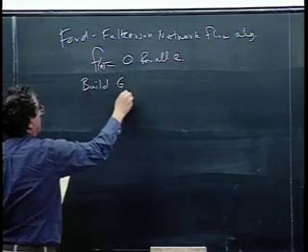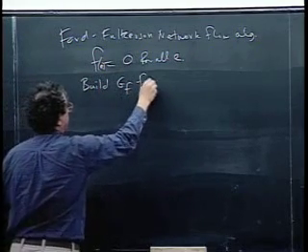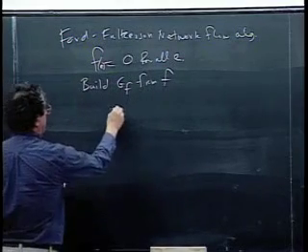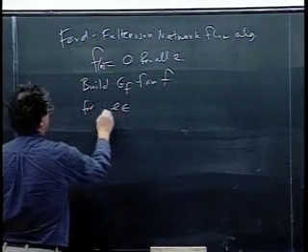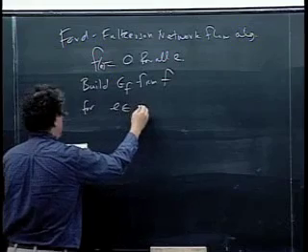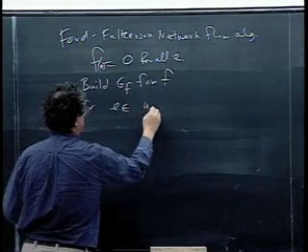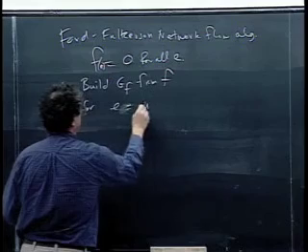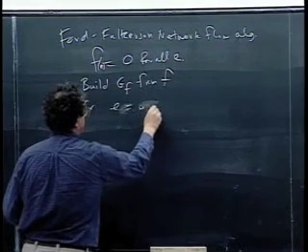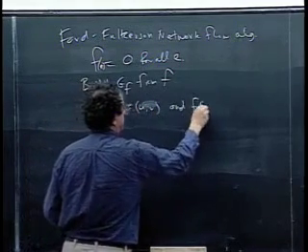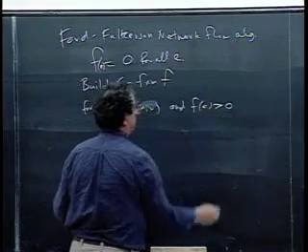Build the residual graph G_f from f. And the rules, remember, were for e contained in E, e equals UV, and f of e greater than 0.